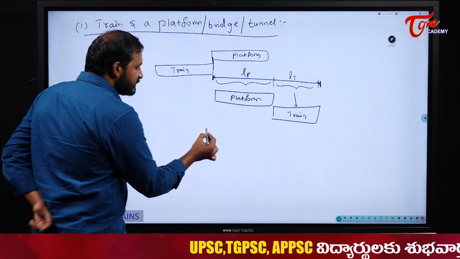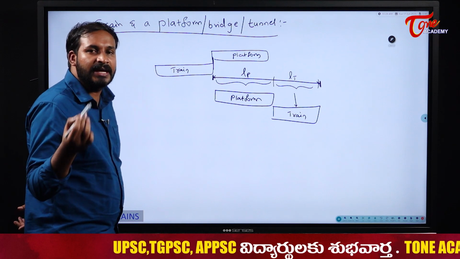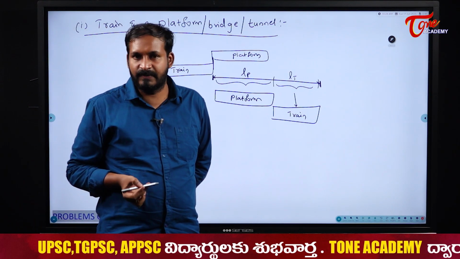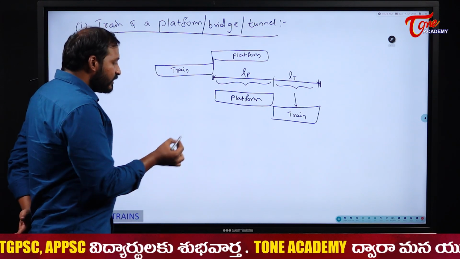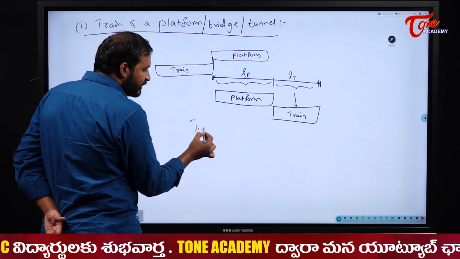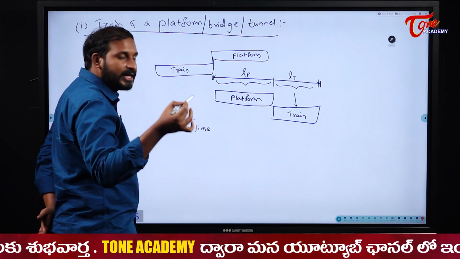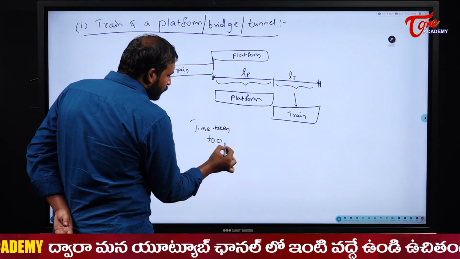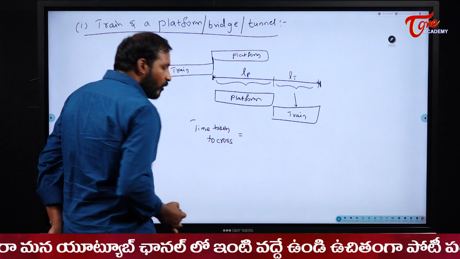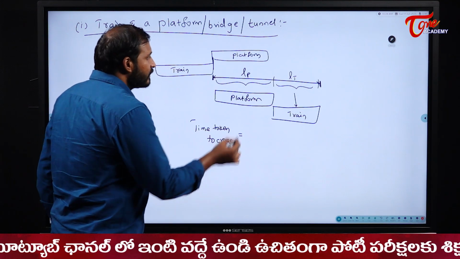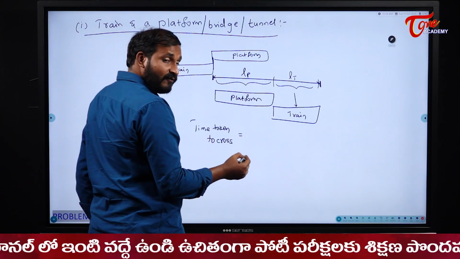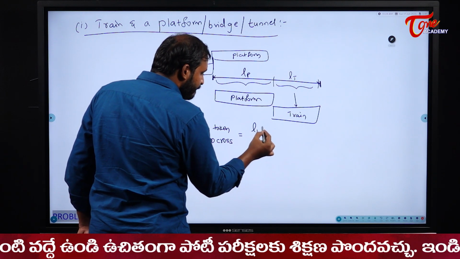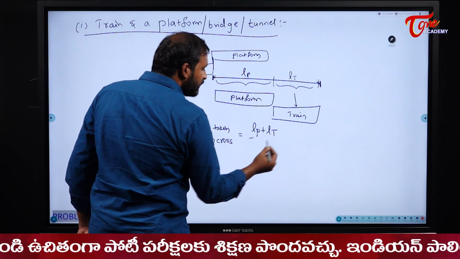Here, usually the formula for time is what, students? Distance by speed. So, here we will hear the word most commonly, time taken to cross. Time taken to cross is equal to how much distance it is travelling? Length of train plus length of platform, by what is the object here?